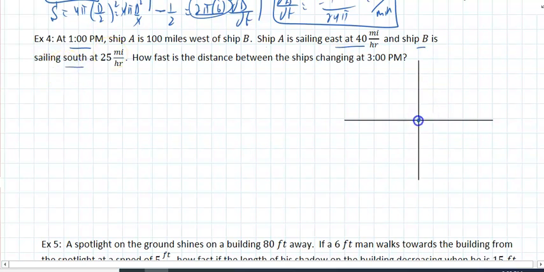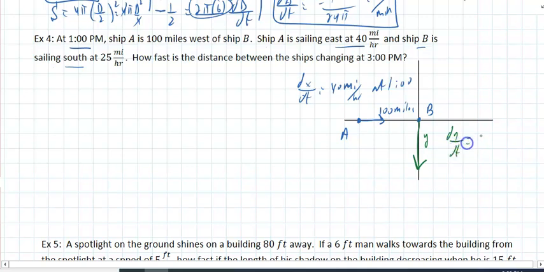So, okay, at 1 o'clock, ship A, ship B. Ship A is 100 miles away from B. Ship A is sailing east at a rate of, if I call this dx dt, 40 miles per hour. Ship B is sailing south. If I call this y, the dy dt is 25 miles per hour.